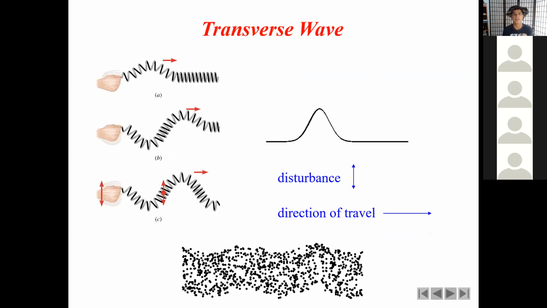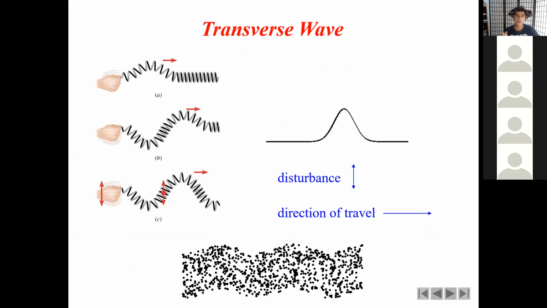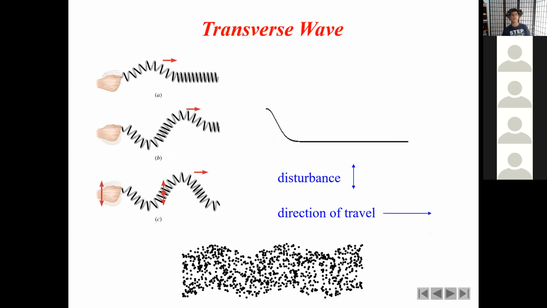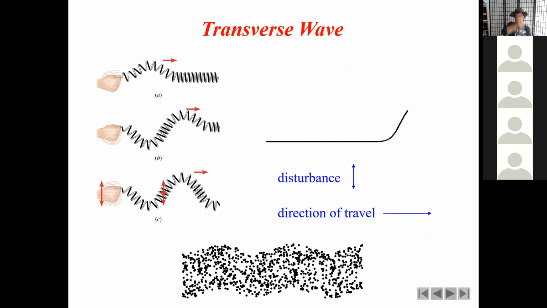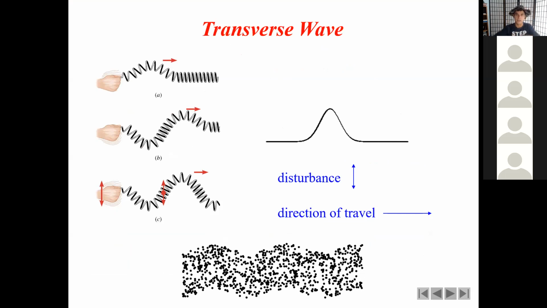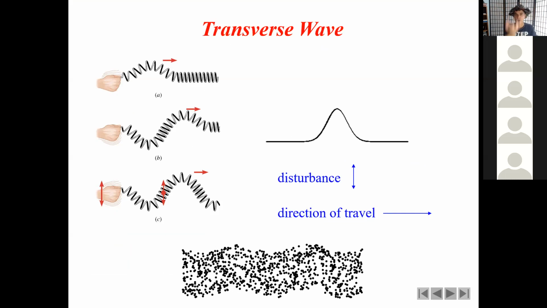Yep. Excellent. Okay. So a transverse wave is one in which the disturbance is perpendicular to the direction of travel of the wave. How would I create a transverse wave? Well, if I had a string or a slinky or something like that, and I started oscillating it up and down, the disturbance is the direction that the slinky is being disturbed, up and down.